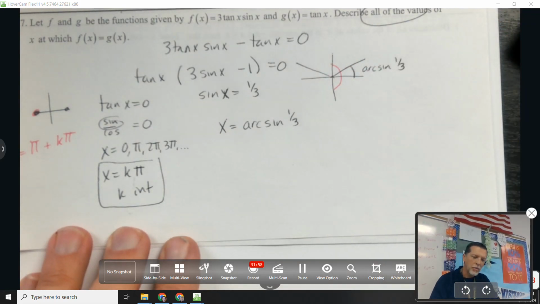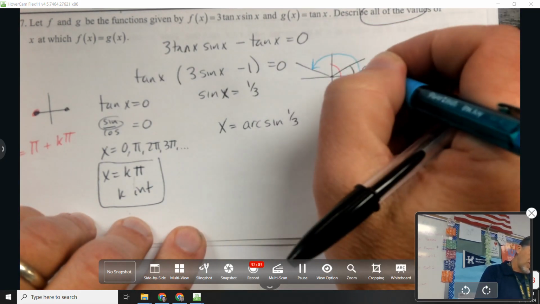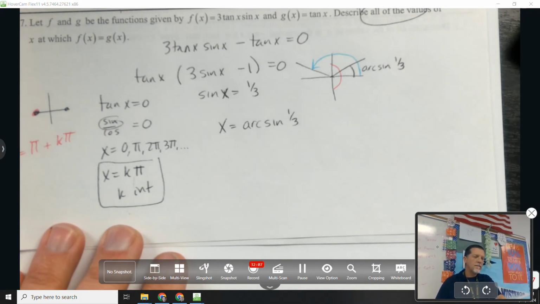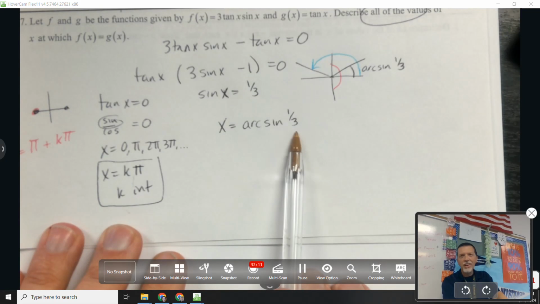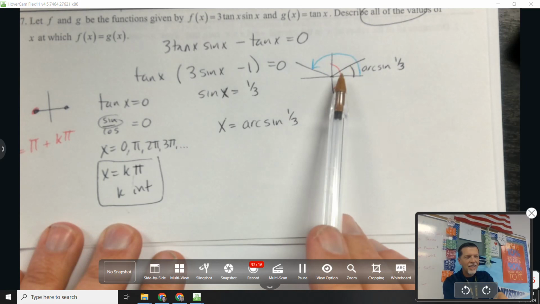So how do I come up with this angle? It's not arc anything. It uses arc sine of 1/3. It's related to negative.